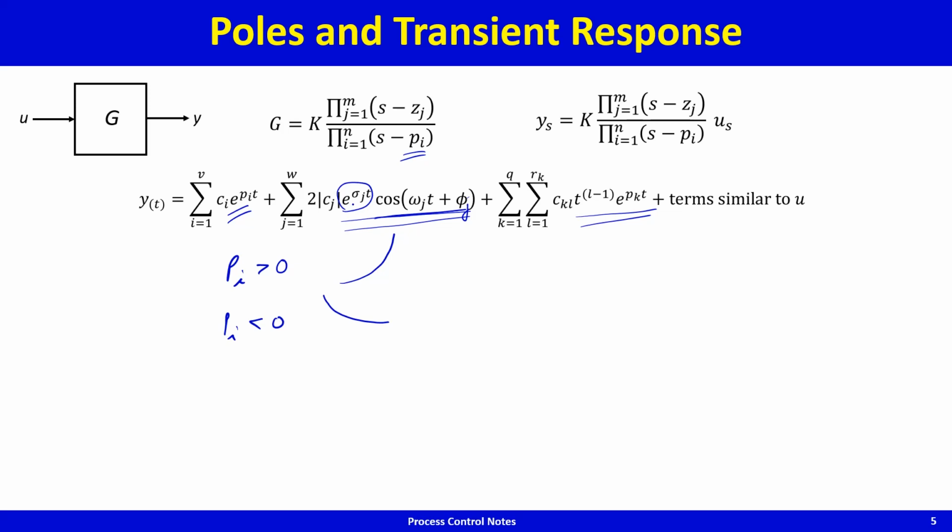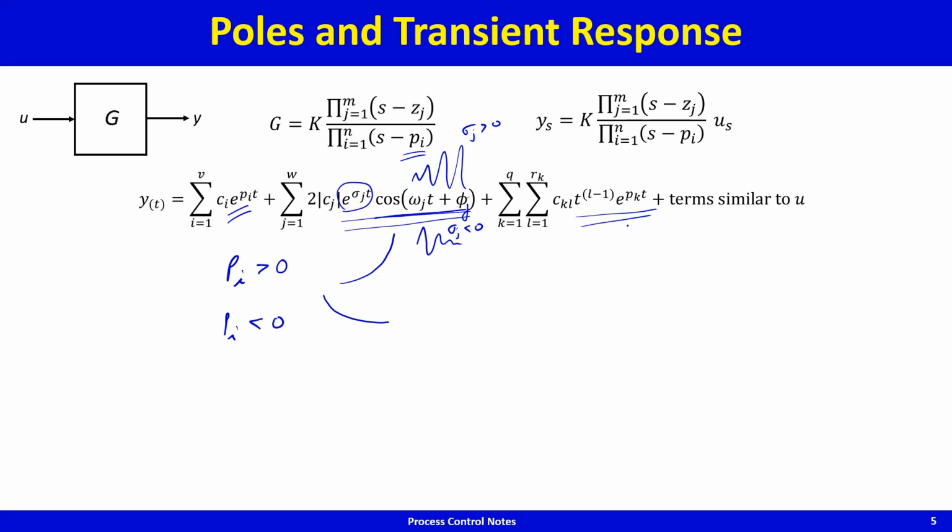If it is positive, the e to the power sigma j is going to blow up, and therefore the oscillations are going to blow up for sigma j greater than 0. If on the other hand sigma j is less than 0, then the oscillations will die out.